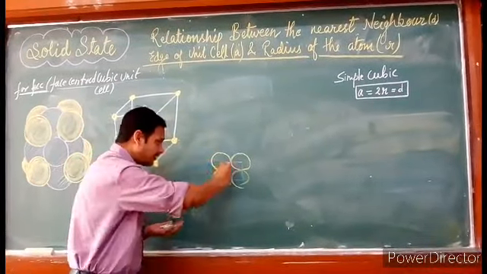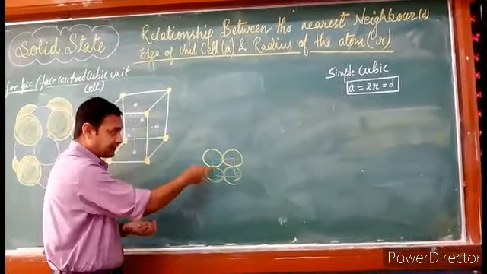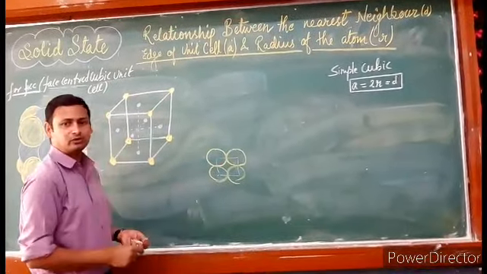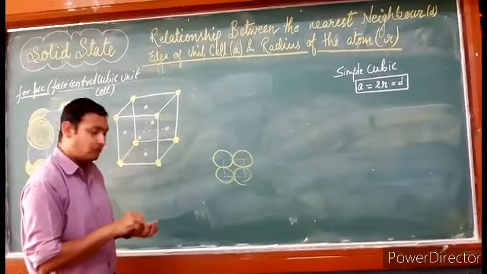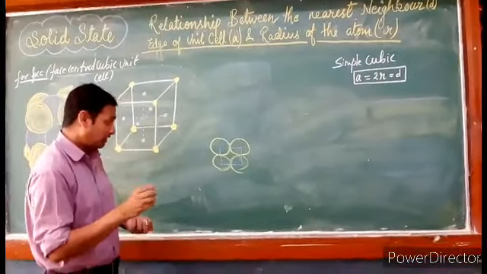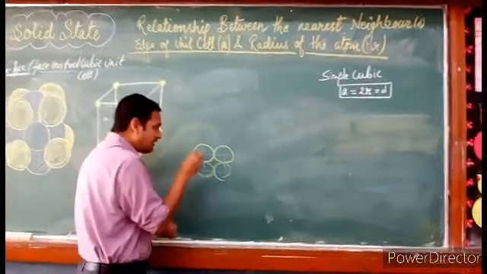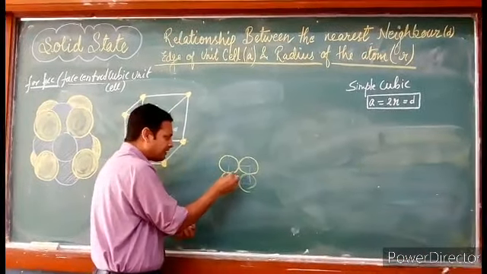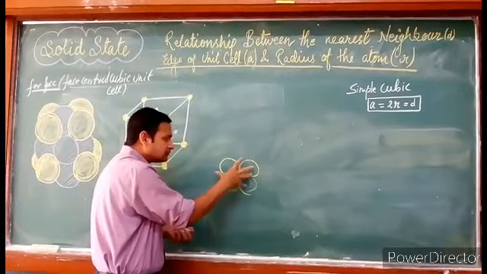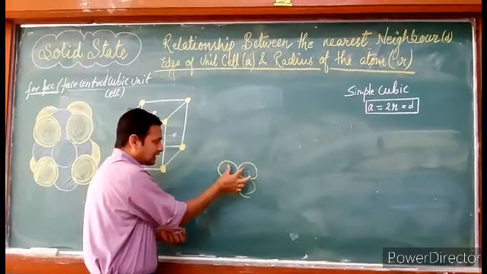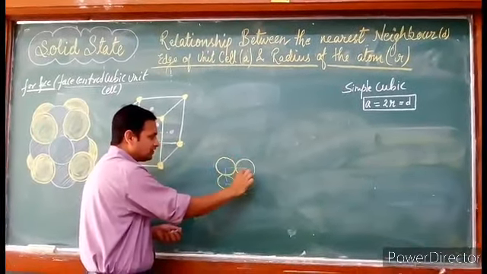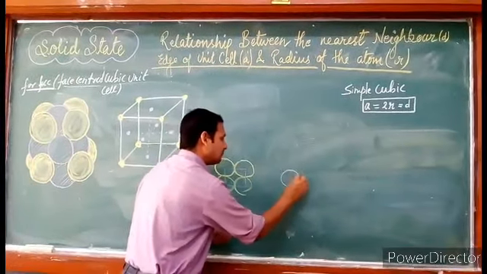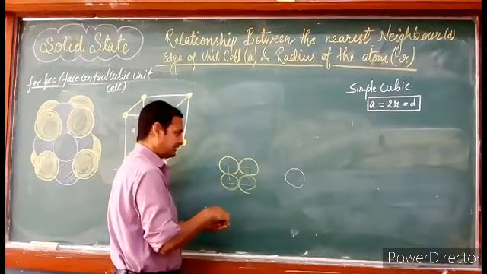If I add one more atom here of same size, अगर मैं एक और एटम इनके बीच में रख दूं, तो try to visualize what is going to happen. बहुत ध्यान से visualize करना. When I add one atom of same size, what will happen? It will expand. The connection between these two and these two will be lost, and we will have a scenario something like this.